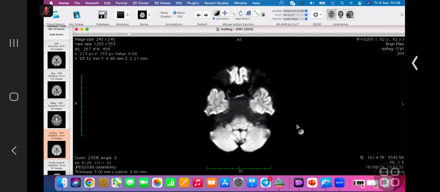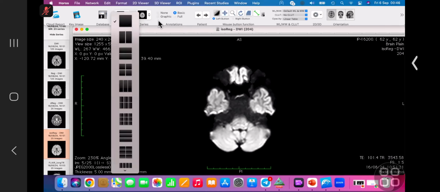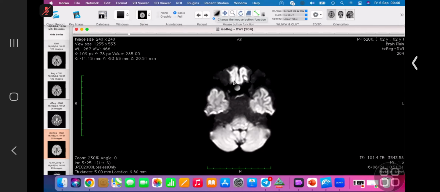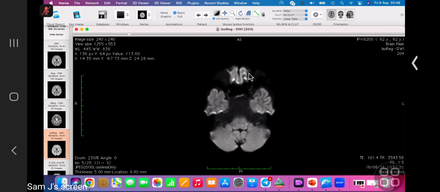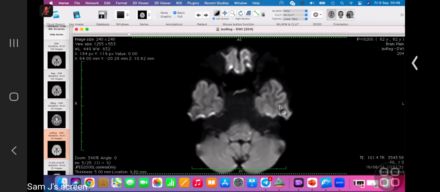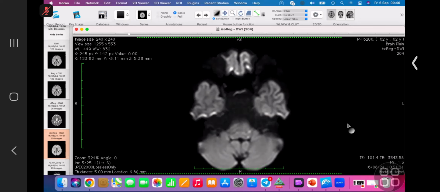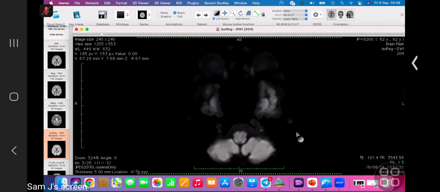Let me adjust the contrast for you. Okay. I can scroll now. I'll scroll from down up.